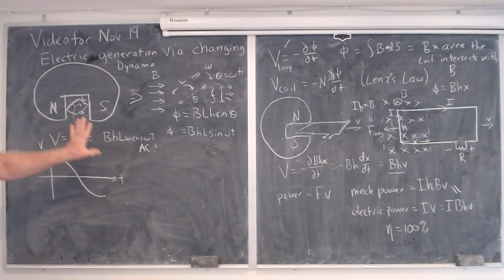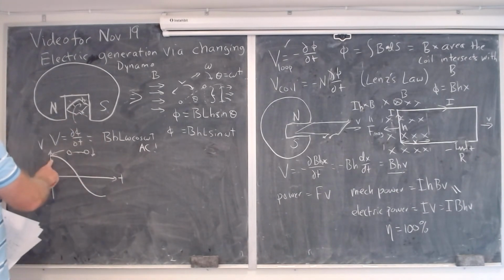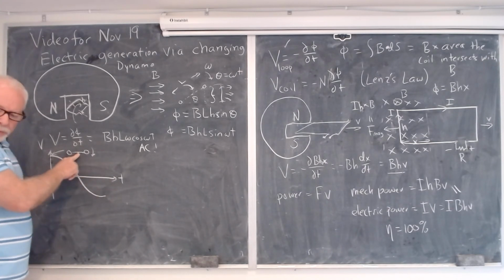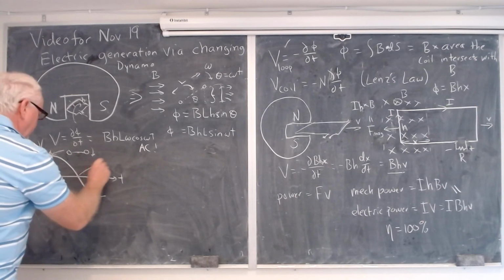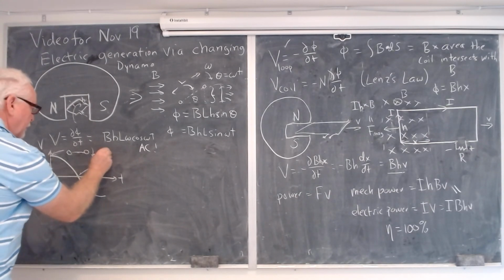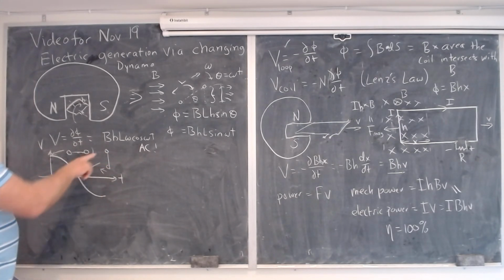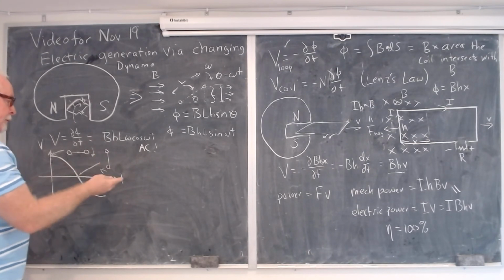So I want you to walk through this at home to make sure you understand the relationship between the voltage being developed versus time and the position of the coil, because I probably will ask this on the quiz. Now, at this point, the coil has rotated so that the flux is at a maximum, but the rate of change of flux is at a minimum.